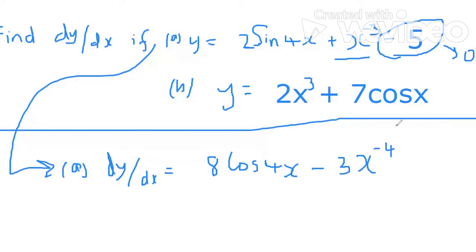All right. And we're going to rewrite this and put the negative 4 down to give us a positive 4. So we're going to rewrite our answer as 8 cos 4x subtract 3 all over x to the positive 4. And that's our answer for part A.